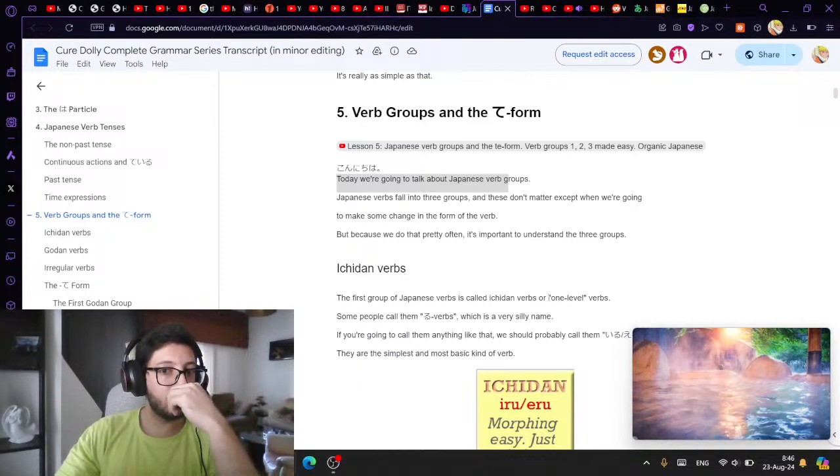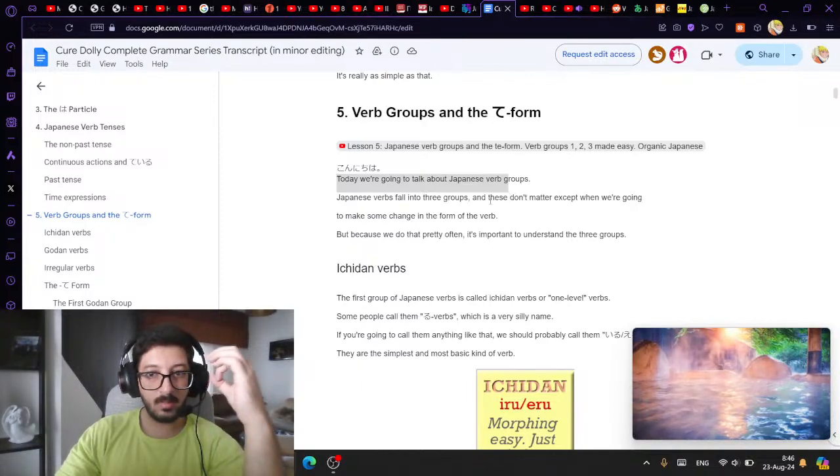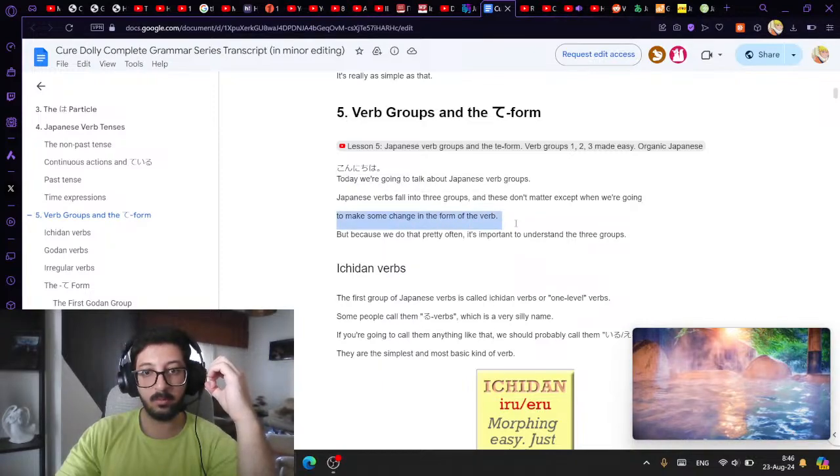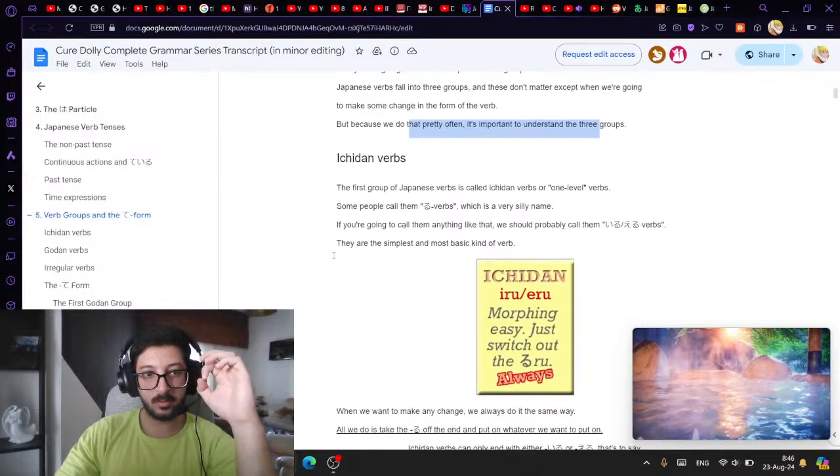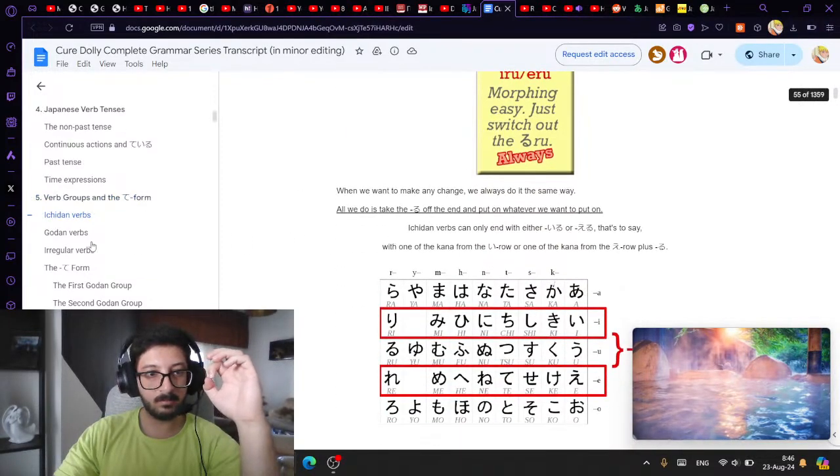But because we do that pretty often, it's important to understand the three groups. Ichidan verbs, Godan verbs, irregular verbs.